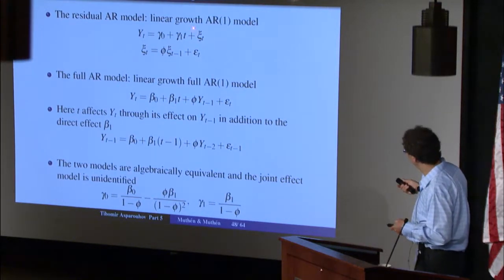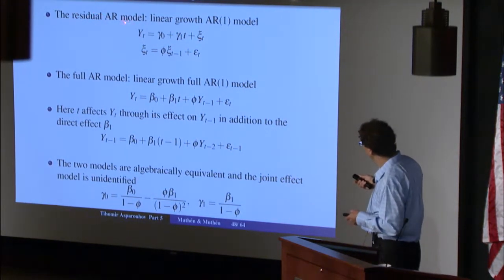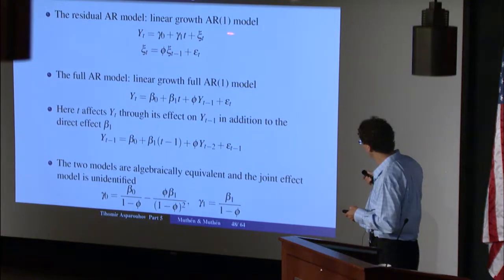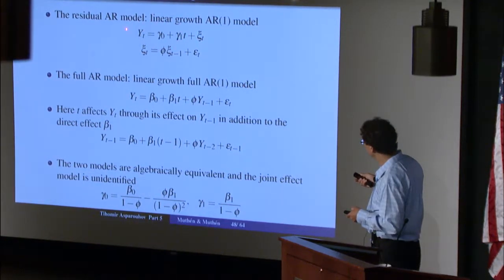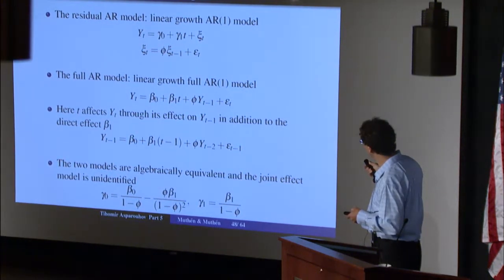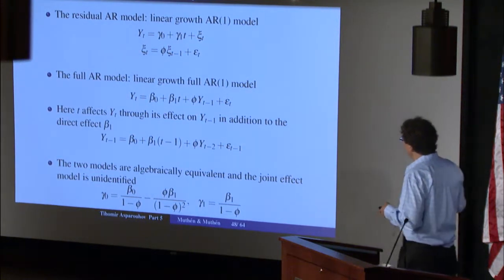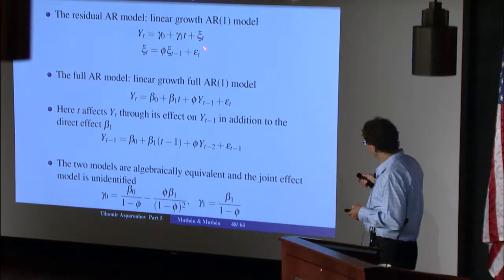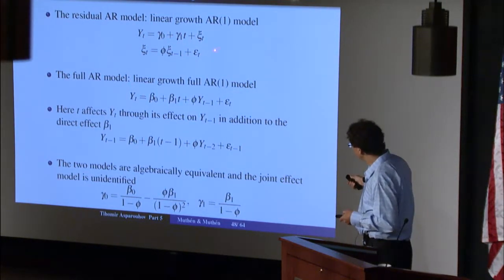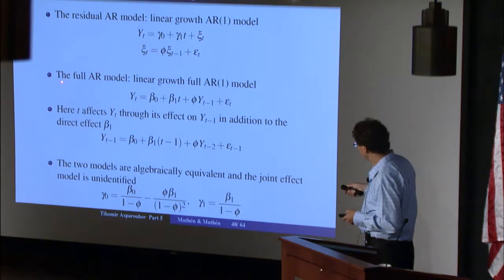So let's just dig in here. The residual AR1 model, the linear growth AR1 model, can be expressed like this. You've got the linear trend over here, and then you have the residual, and you have an autoregressive equation for the residual. So I switch back to the AR1 framework here for a minute. In the full AR1 model, the trend is within the autoregressive equation.